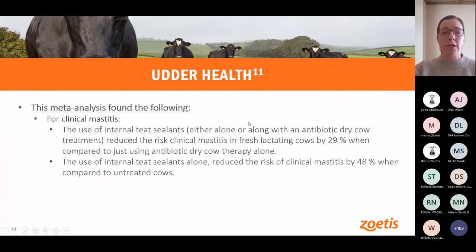Then looking at clinical mastitis, they found that the use of internal teat sealants, once again by itself or along with a dry cow therapy, reduced the risk of clinical mastitis by 29% compared to just using an antibiotic dry cow therapy. And when it was used by itself, compared to animals that did not receive any treatment, it reduced the risk of clinical mastitis by 48%.